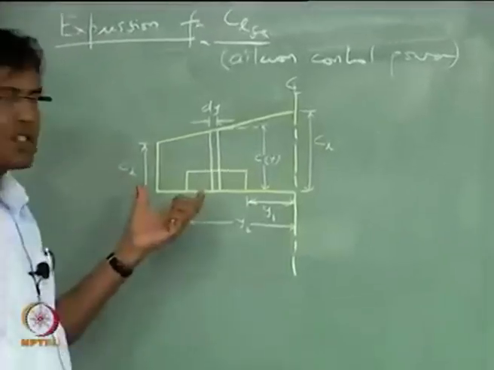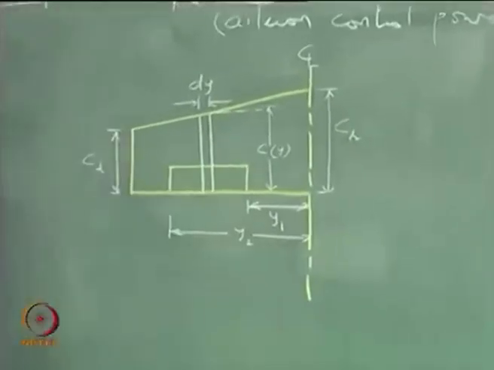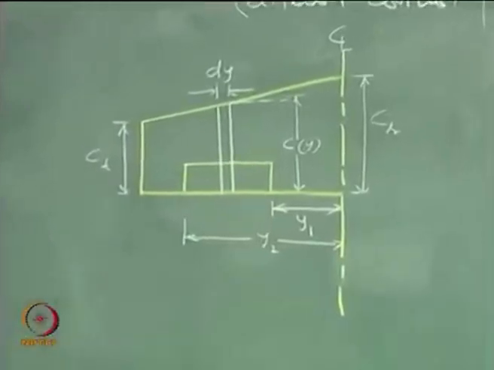So, there is a wing which is swept back, and the wing is also having a taper, right.